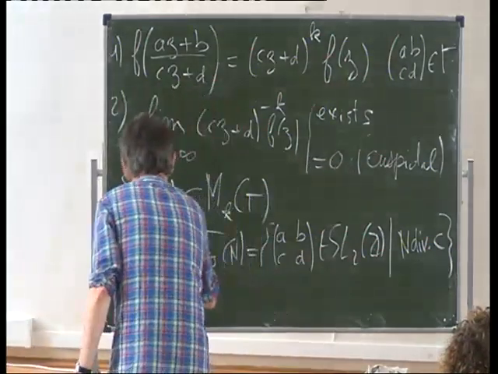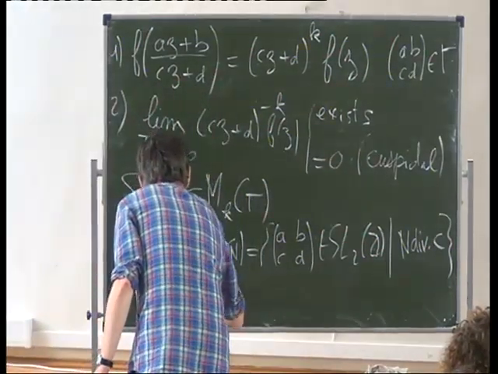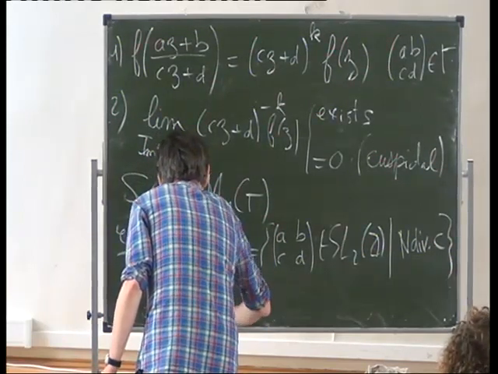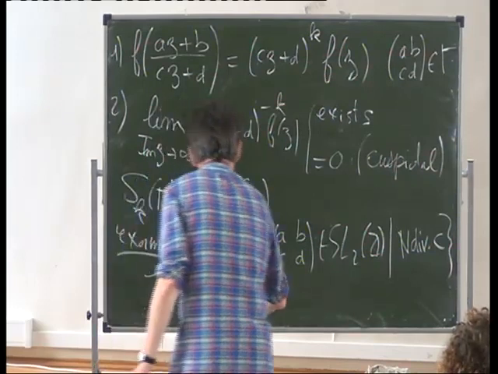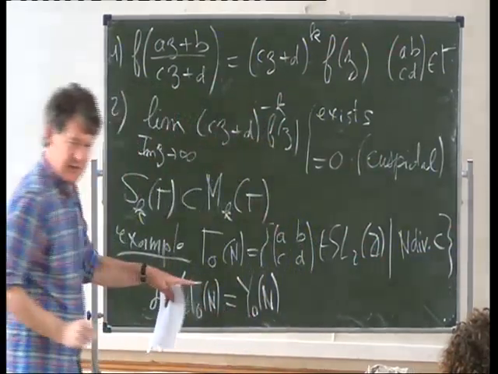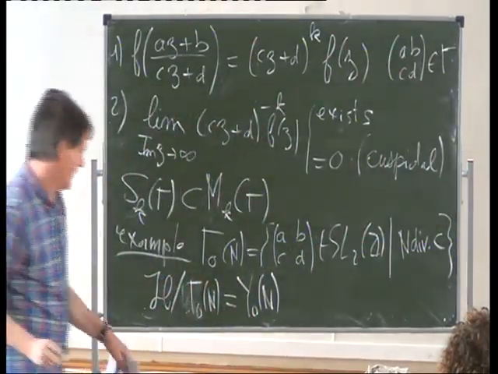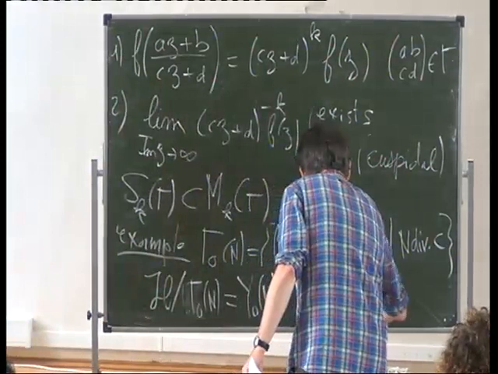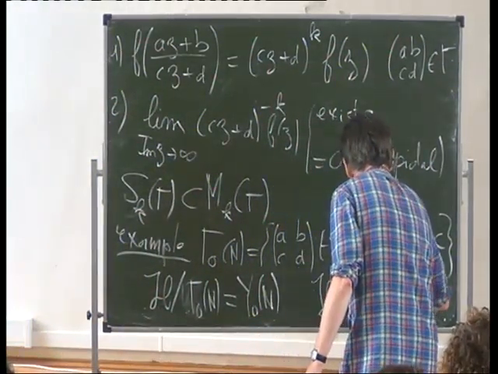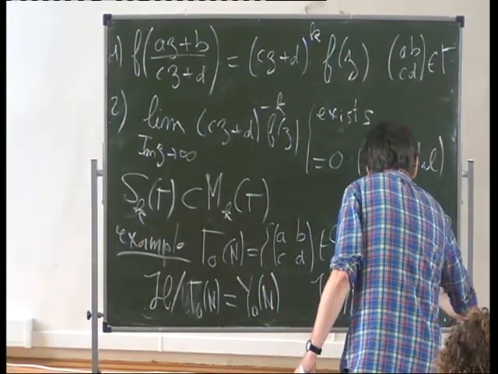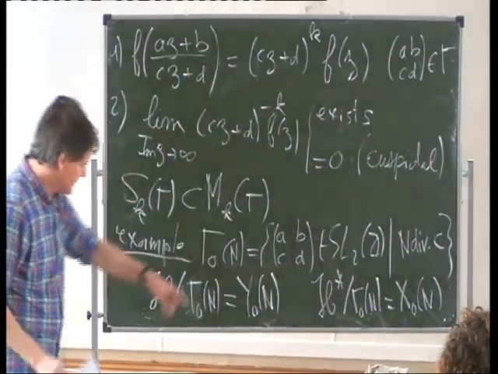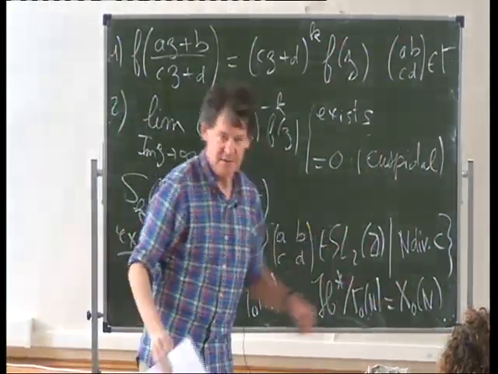If I take the quotient of H by gamma_0(N), I get an affine curve which is called Y_0(N), and if I take H star, then I get a projective curve which is denoted X_0(N). So this one is affine and this one is projective.